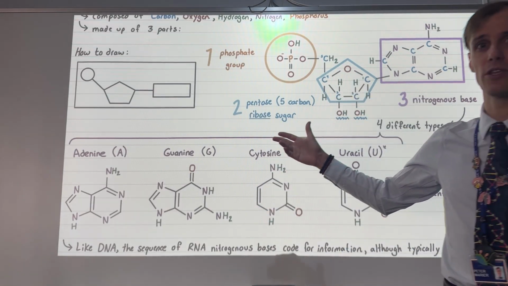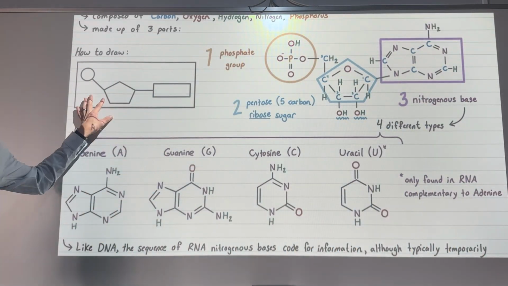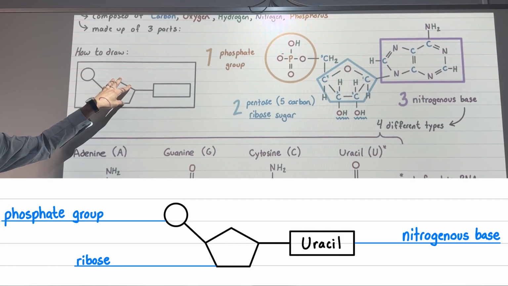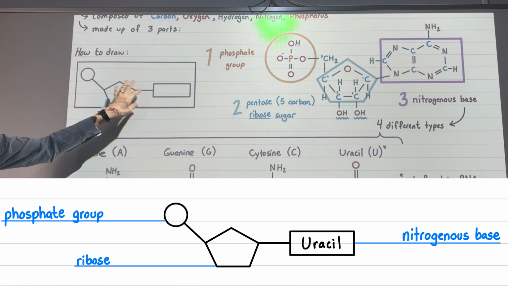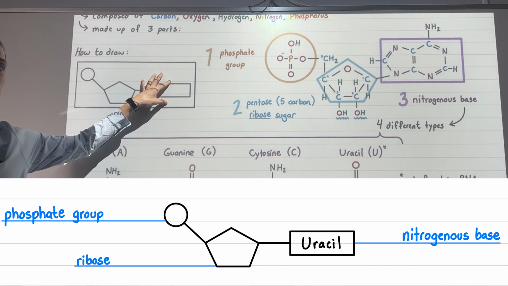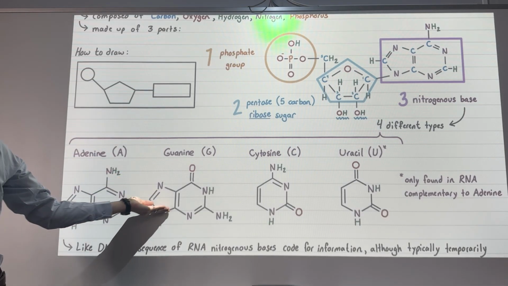Drawing an RNA nucleotide effectively in this form is exactly the same as you would draw with DNA. The only difference is that you would label this pentagon as a ribose, and you cannot label this nitrogenous base as thymine. You may use instead uracil, but you could just as well use adenine, guanine, or cytosine.